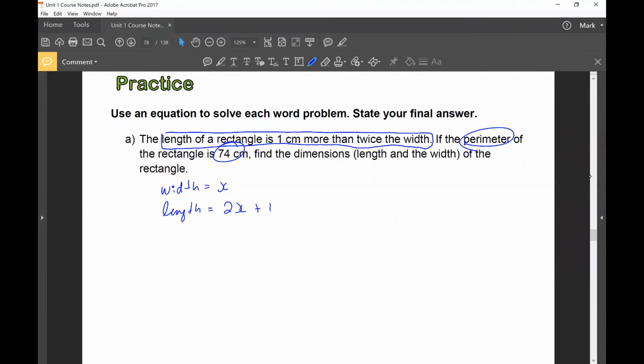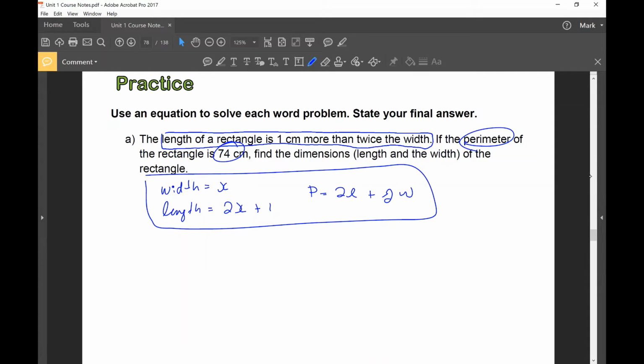The next thing says that the perimeter, which is 2 times the length plus 2 times the width, is 74. So I can use all of this now to solve this equation. All right, so 74 is my perimeter. 2 times the length plus 2 times my width. And that's it.